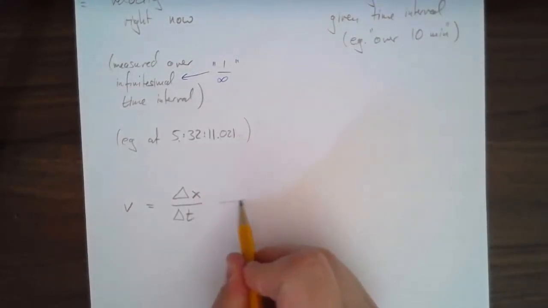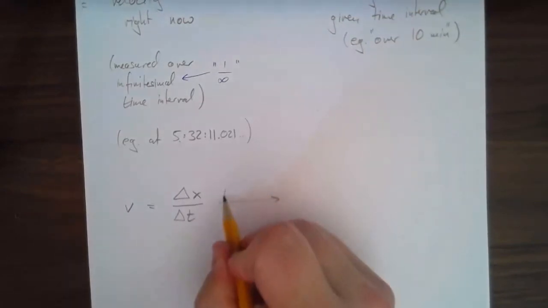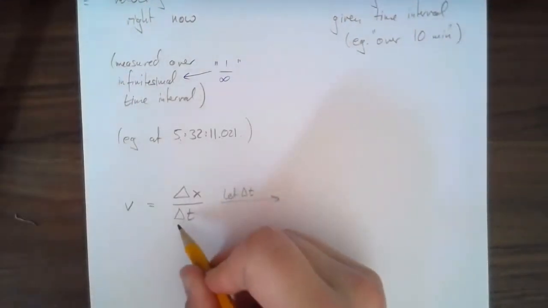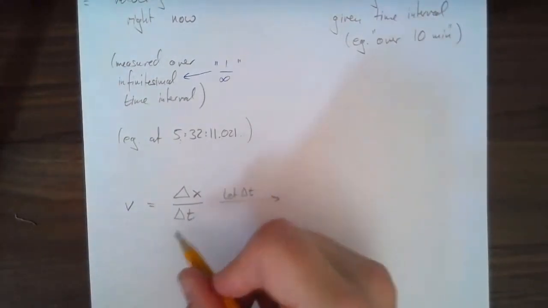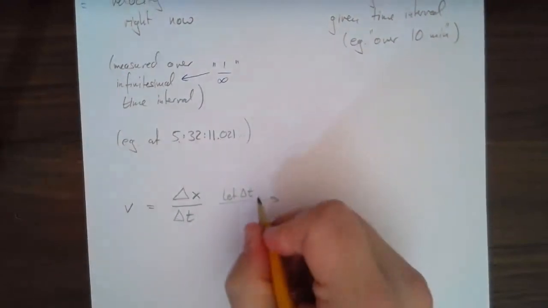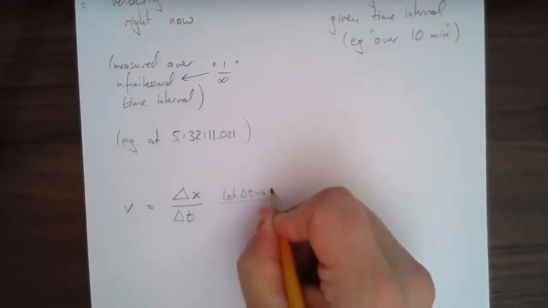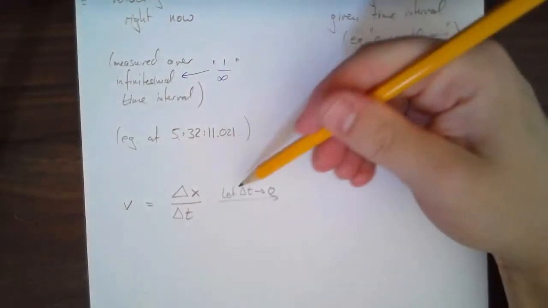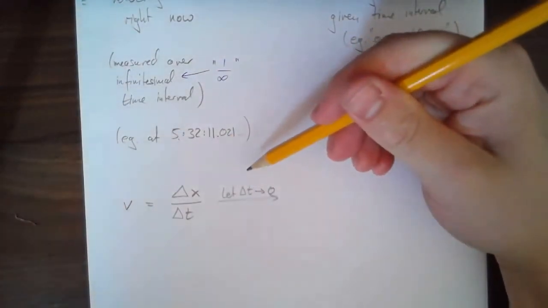But then I'm going to let this time interval delta t, so delta t means from 5:32 and 12 seconds to 5:32 and 14 seconds, become smaller and smaller and smaller. I'm not going to make it 0, but mathematically I'm going to let it approach 0.